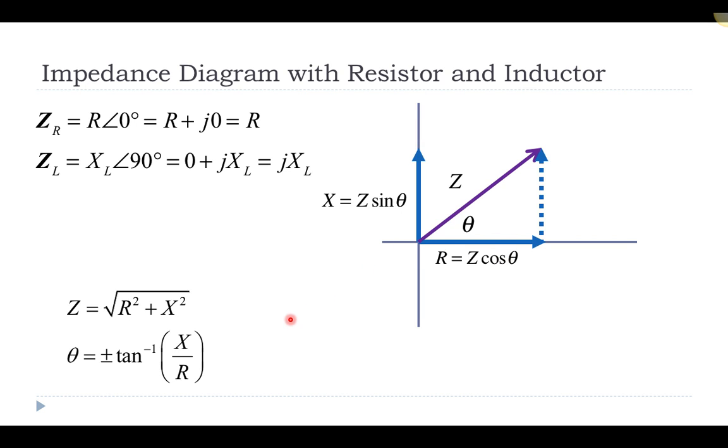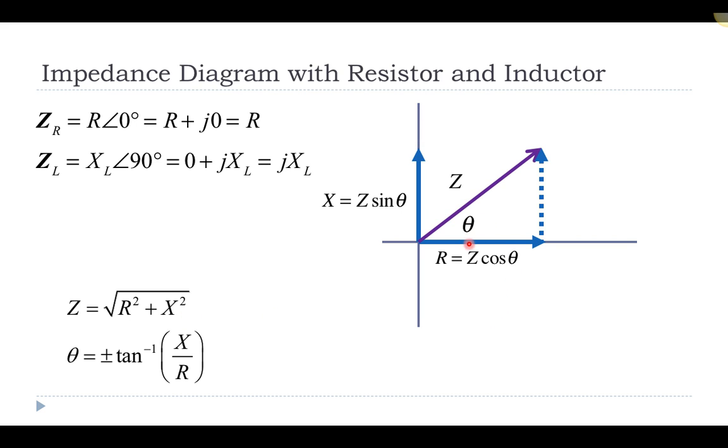So using our notation, we can find the magnitude of the impedance by using Pythagorean's theorem. We know one side is resistance and the other side is reactance, so it's the square root of the resistive piece squared plus the reactive piece squared.